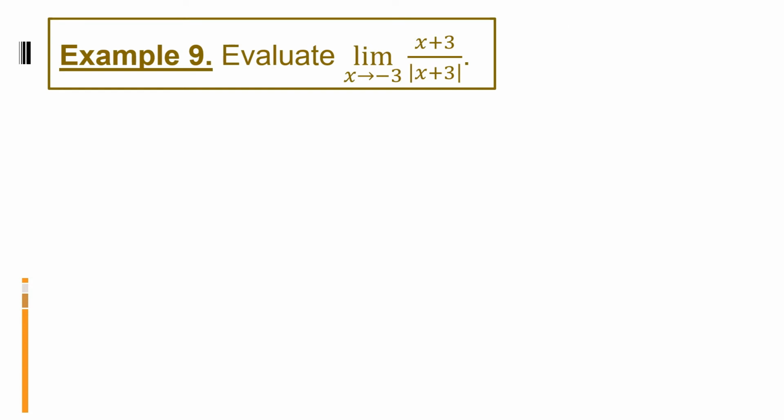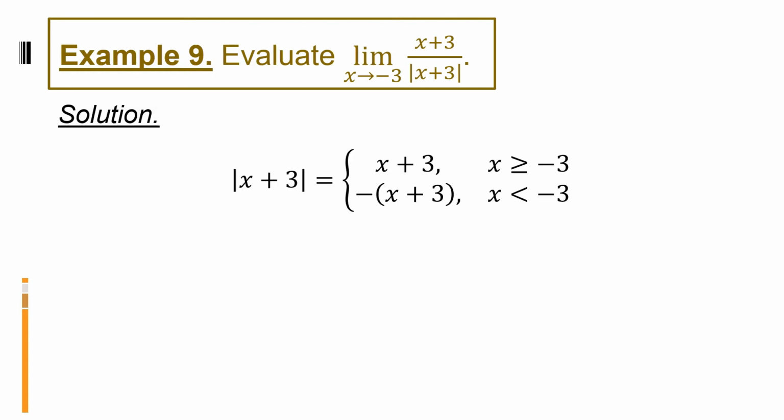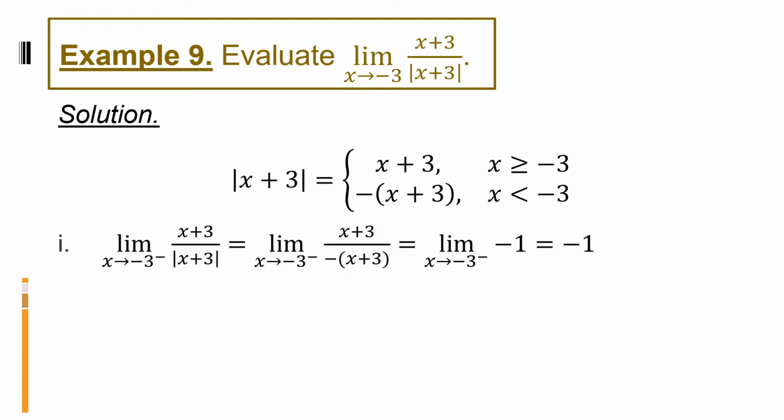Let's evaluate the limit as x approaches negative 3 of x plus 3 all over the absolute value of x plus 3. So for our solution, again, we define the absolute value of x plus 3 to be x plus 3 whenever x is greater than or equal to negative 3, and negative of x plus 3 whenever x is less than negative 3.